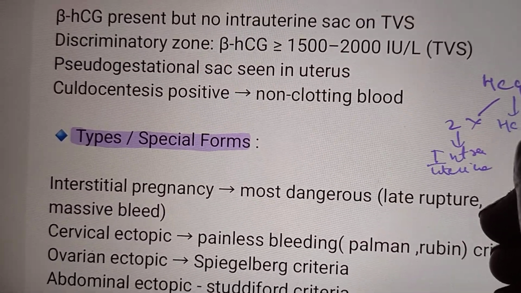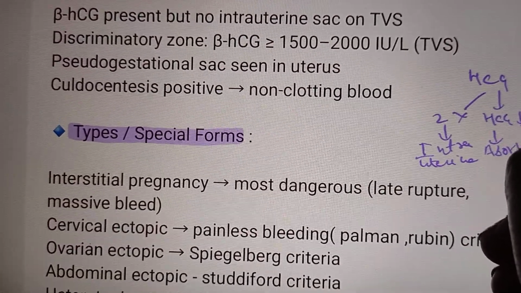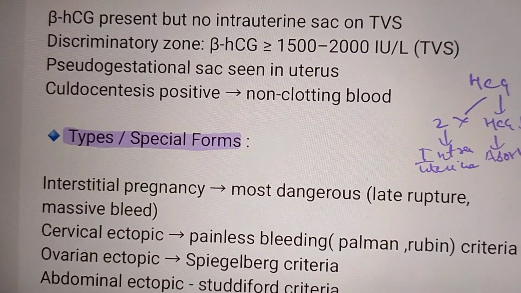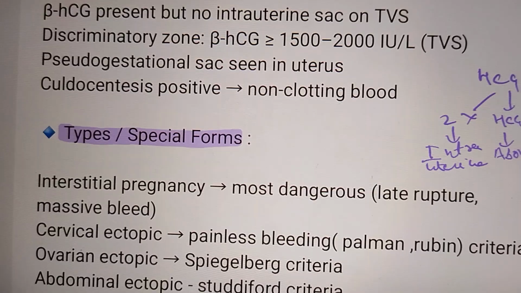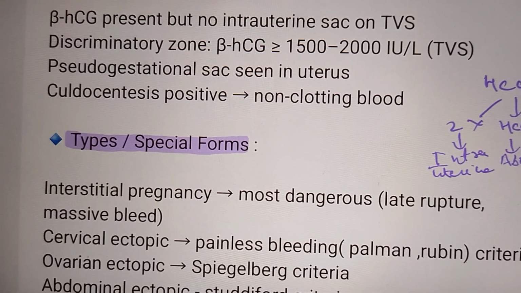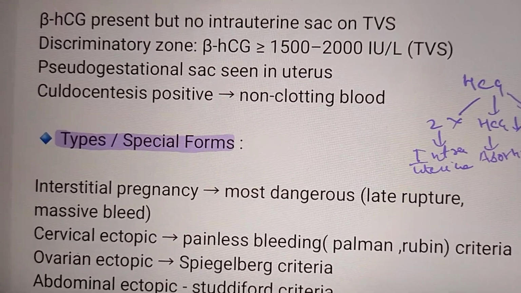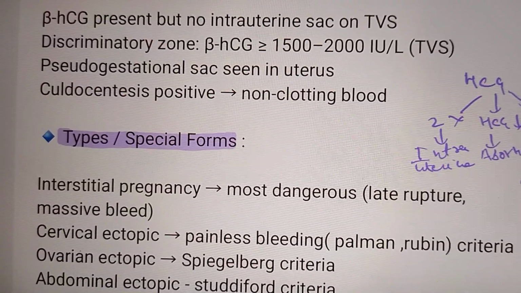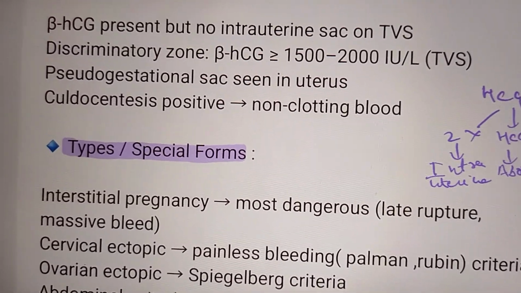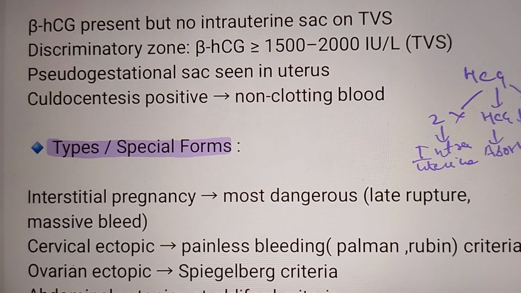If the HCG level decreases, then it is abortion. If it increases but does not double, then it is ectopic. Then in ectopic, a pseudogestational sac can be seen.